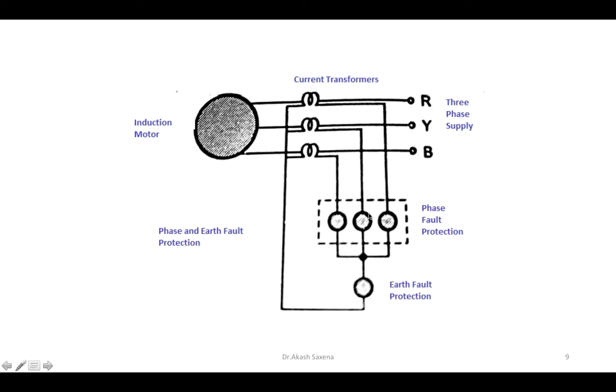But if we use an earth fault relay over here and there is a fault in the system, then the summation of these line currents will not be equal to 0, and there will be some neutral current also. So this circuit will act accordingly and give a tripping signal to the circuit breaker.